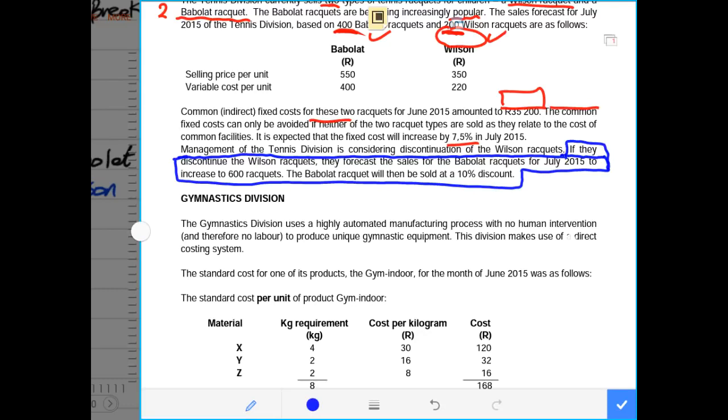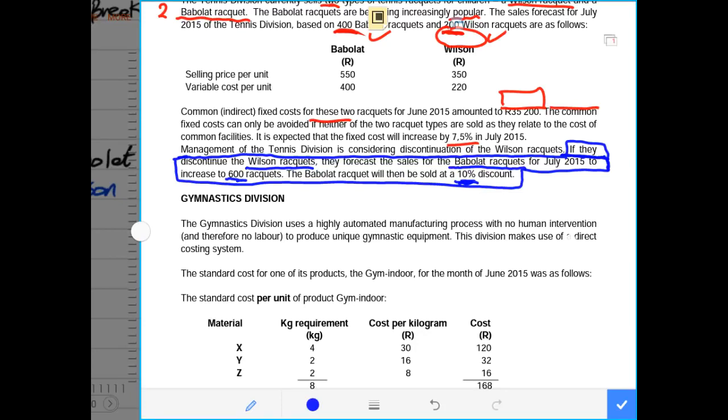They said if the company discontinues the Wilson rackets, the sales of the Babolat product will increase to 600 units. However, the Babolat selling price will decrease by 10%, or the product will be sold at a discount of 10%.